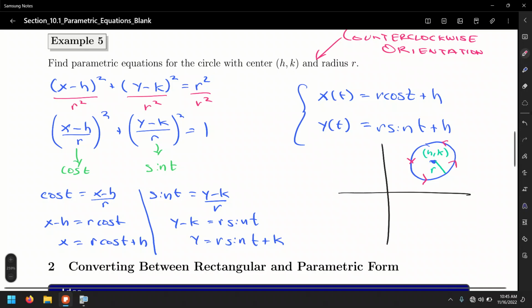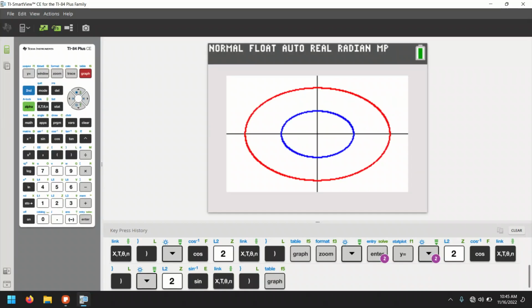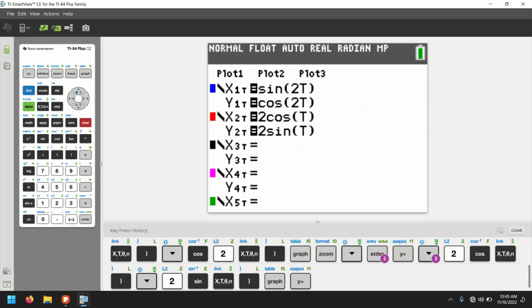So for the previous couple of examples, we went with the very basic examples in which the center was at the origin and the like. For example, let me make something up over here. Let me go to the graphing calculator. Let me clear the first set of equations.